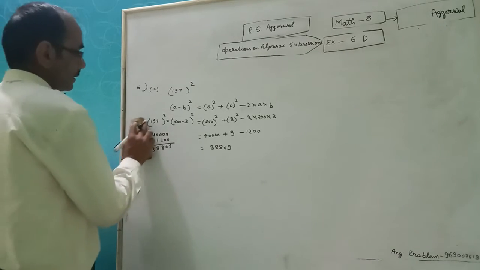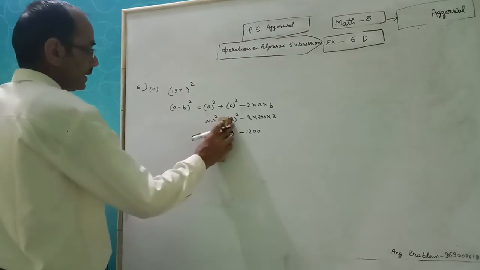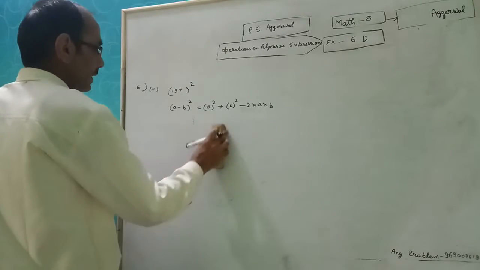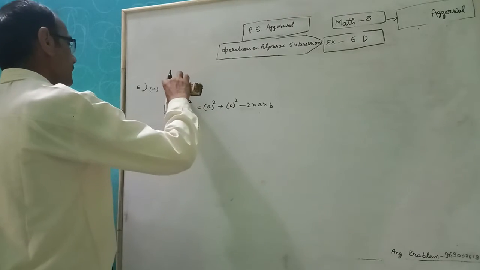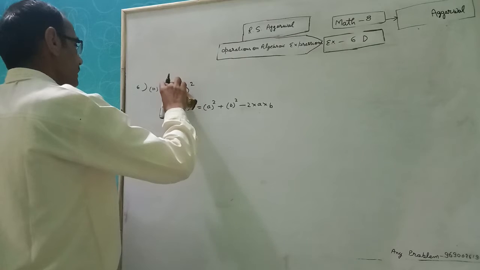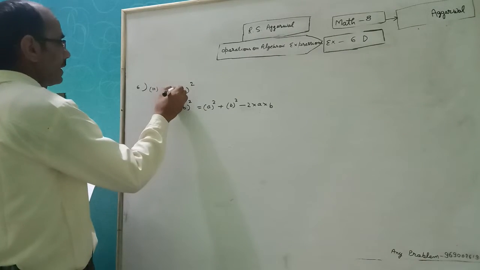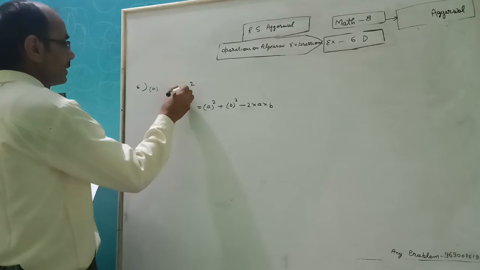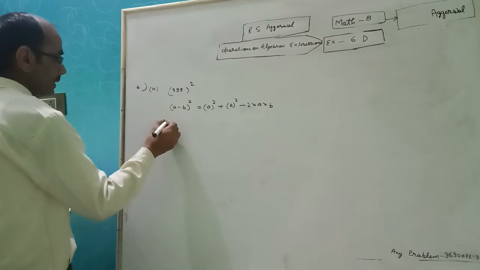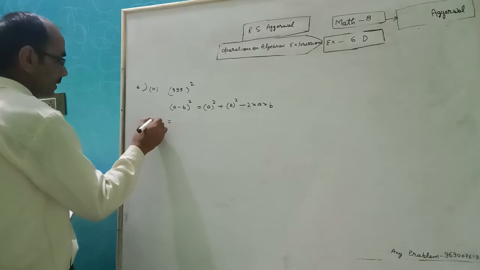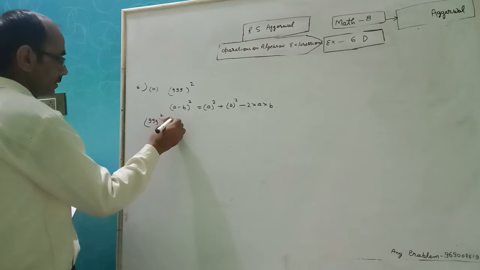That is the third part. Fourth part make the number is 999 square. 999 make the 1000 minus 1.